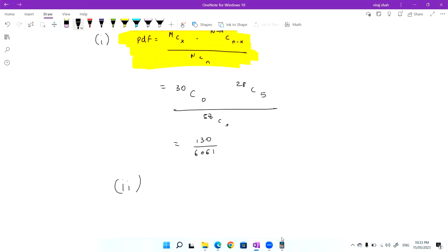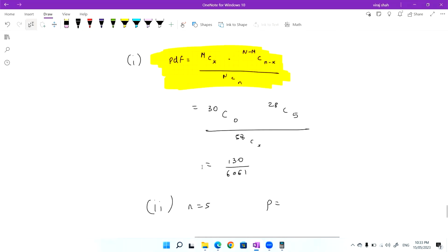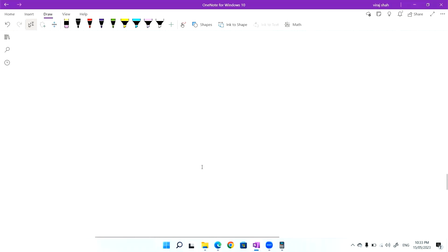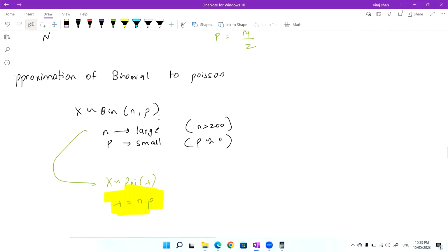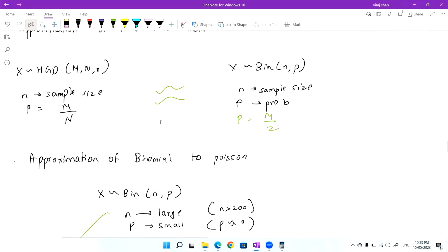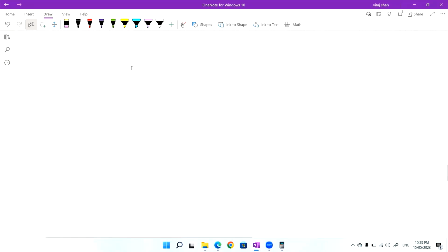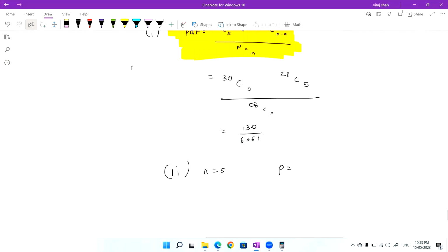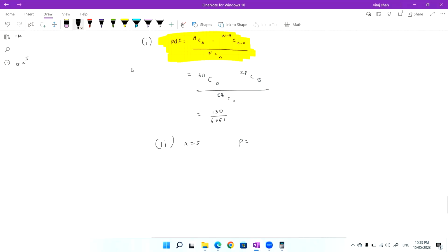Binomial approximation. Under your binomial approximation, you consider n as 5 and p as... If N is large, you can consider your p as M by N, but it is not large, so we'll consider M by N only. Large means like 1 million, 2 million. In that case, you can consider it.